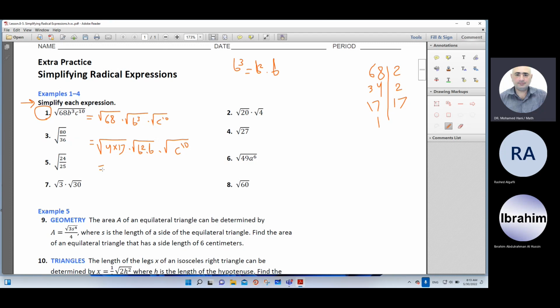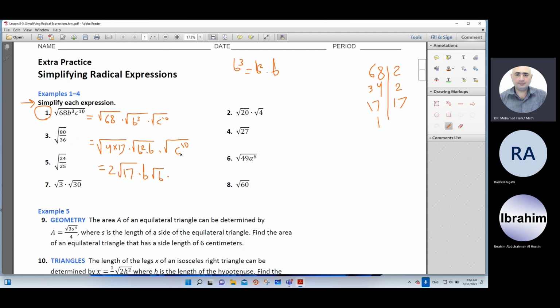Now you can do the square root. What is the square root of 4? Which number multiplied by itself equals 4? It will be 2. Which number multiplied by itself equals 17? We don't have one. So keep 17 under the root. So the simplification of the square root of 68 will be 2 square root of 17. Then what is the square root of b squared? b. And the square root of b will be square root of b.